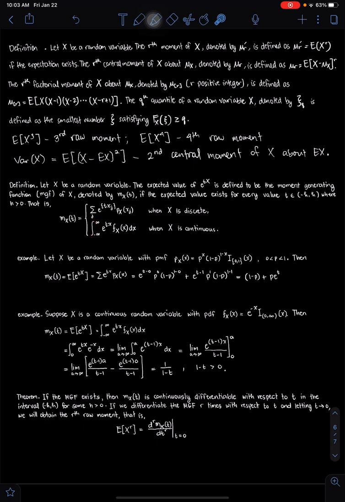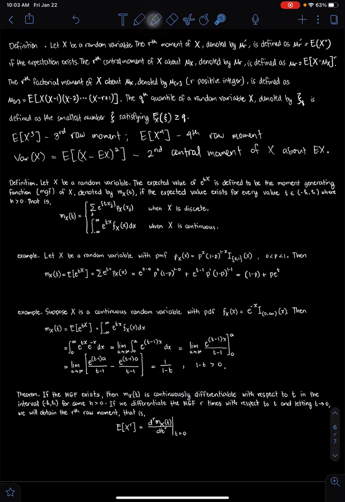Okay, so it's the integral from negative infinity to positive infinity of e to the tx times the density function f sub X of x times dx. Okay, so later we will discuss why the expected value of e to the tX is called a moment generating function of the random variable. So from the name itself, we must be able to generate the moments of a random variable using the MGF.